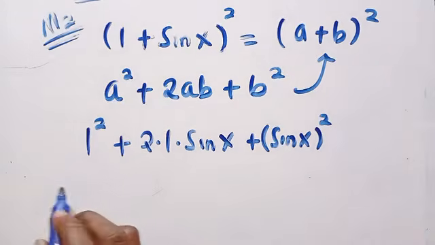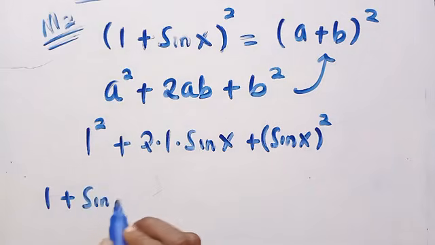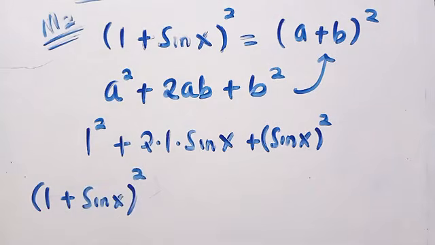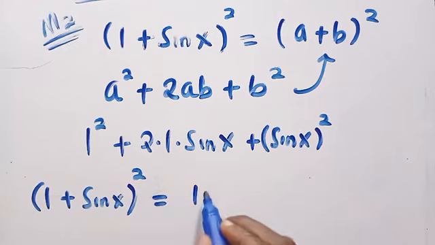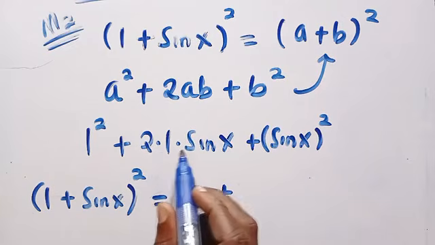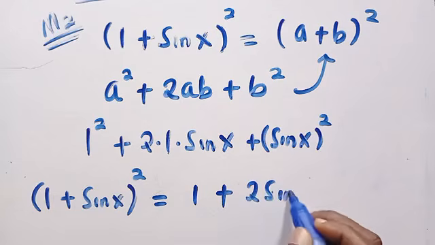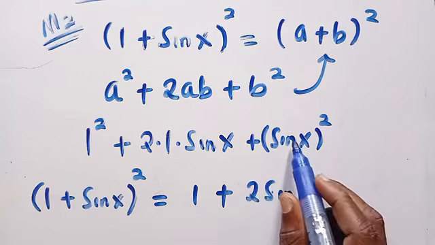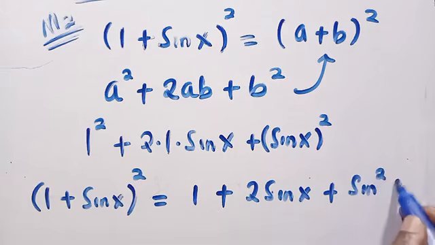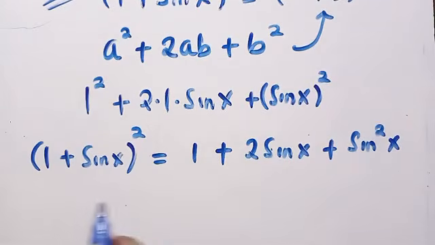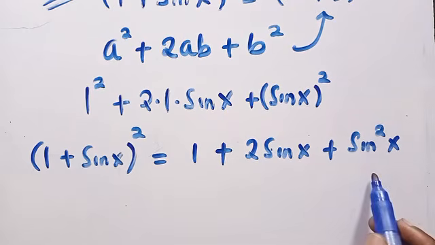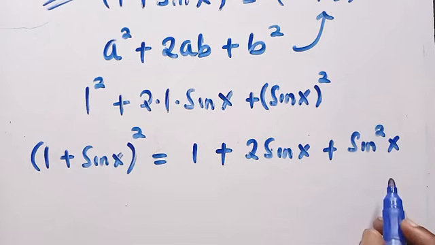So 1 plus sine x raised to the power of 2 equals 1 plus 2 sine x plus sine squared x. Having this is not enough. We have to manipulate this. We want to make everything have 1 plus sine x, because on the other side we have 1 minus sine squared x, which is the equivalent of cos²x.